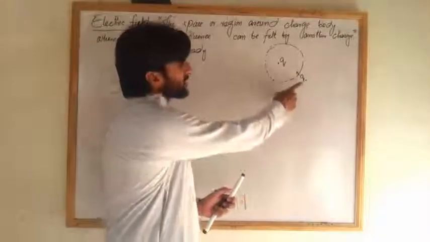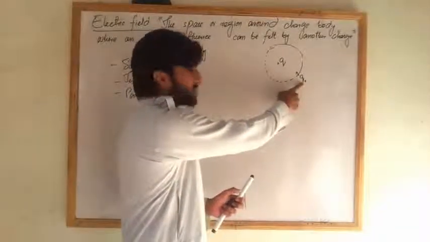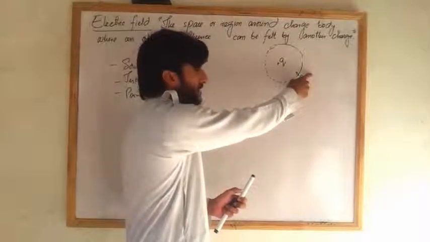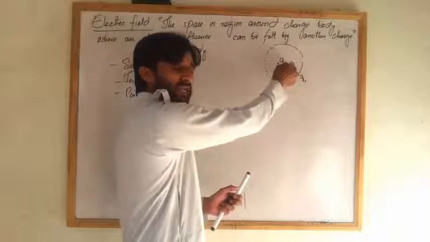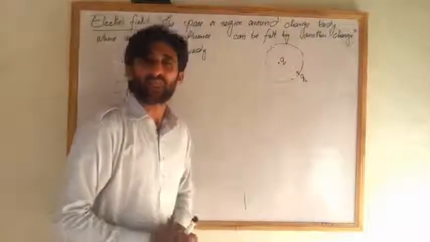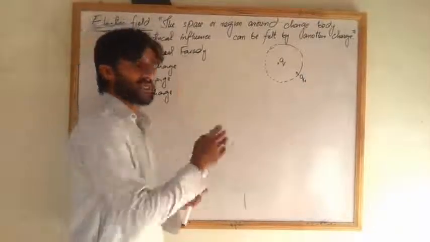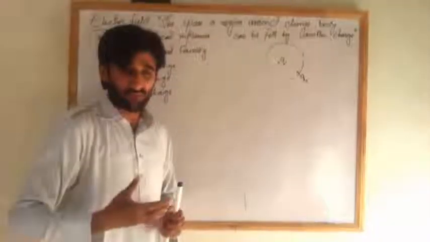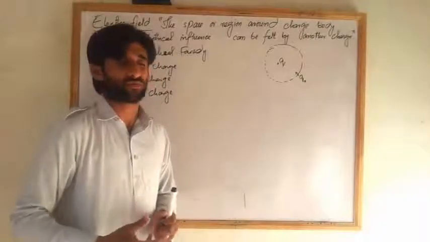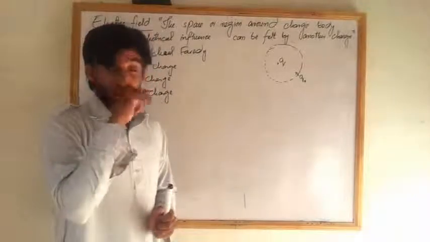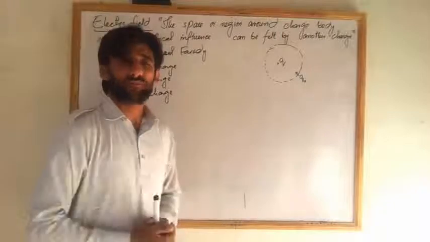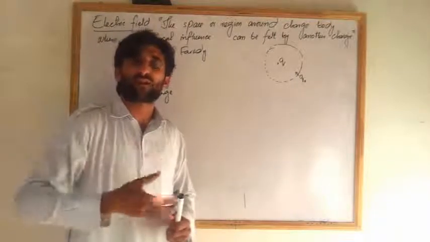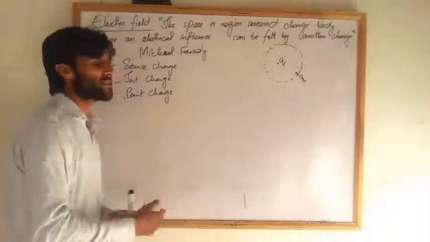If this is the source charge and this Q naught is a test charge, it has a very, very small magnitude, so when it enters this field, it should not distort or disturb this field. Because of its small magnitude, this is a test charge.